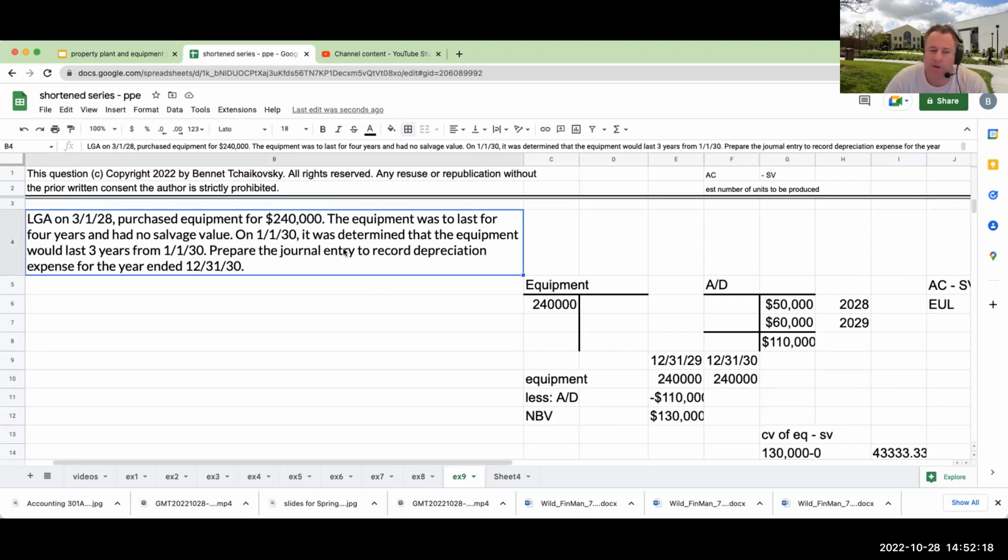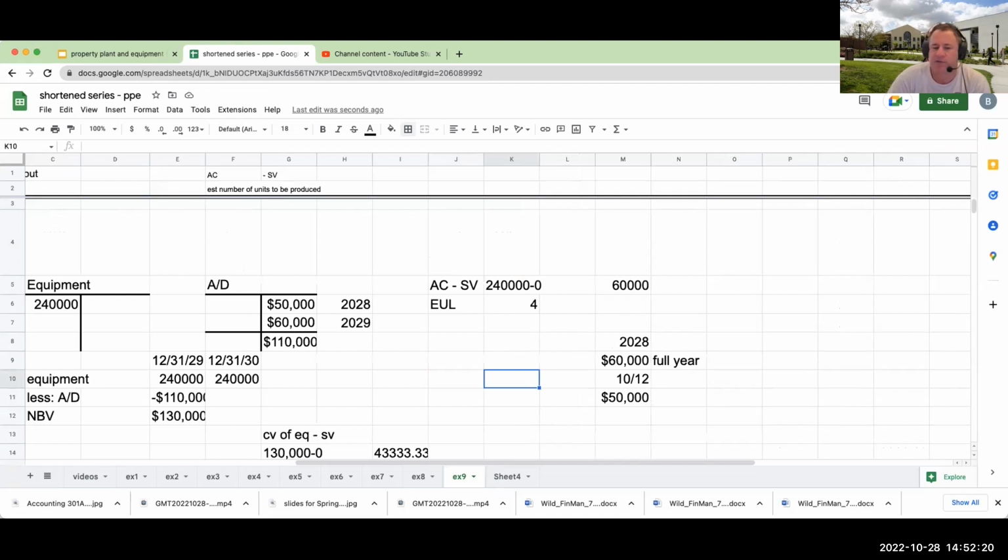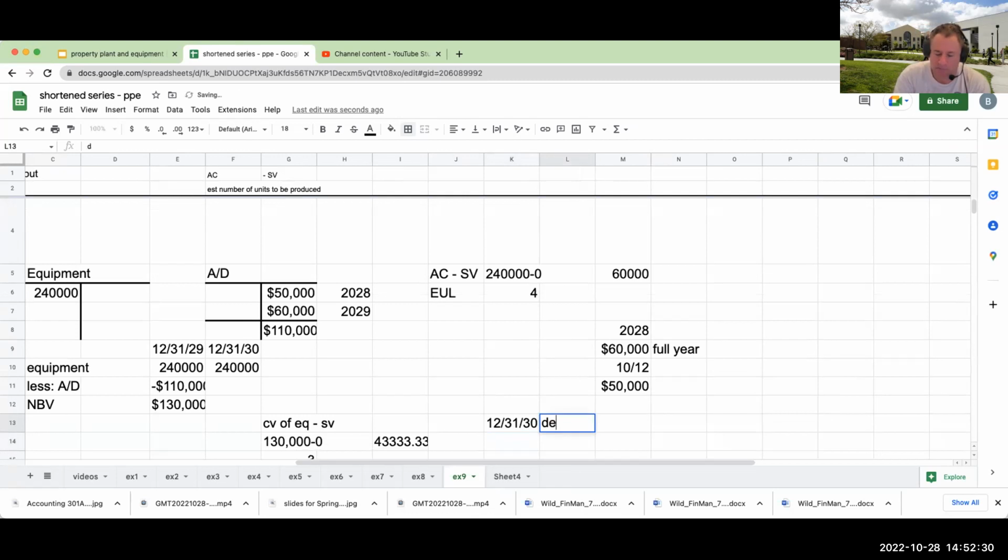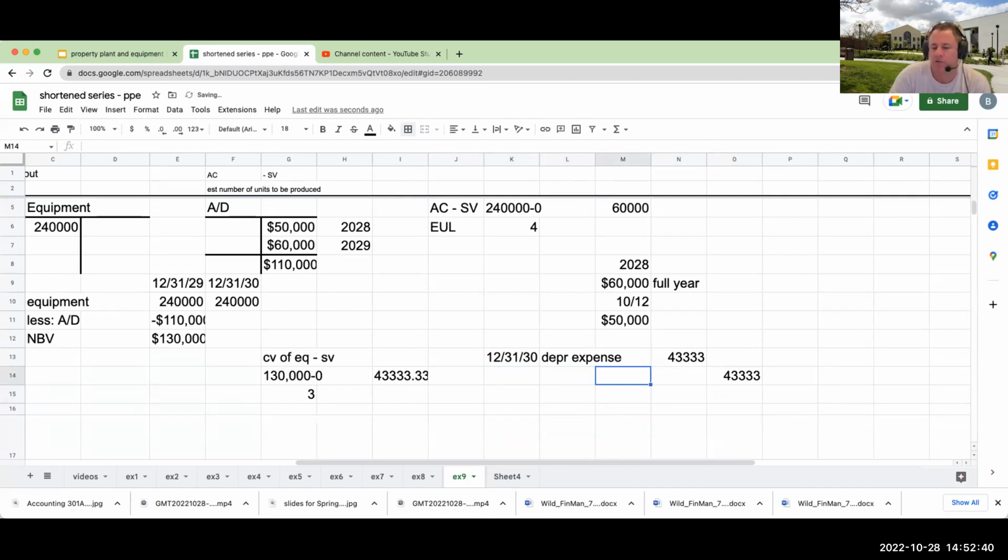So the amount of depreciation expense I'm going to take for the full year ended 12/31/30 is going to be $43,333.